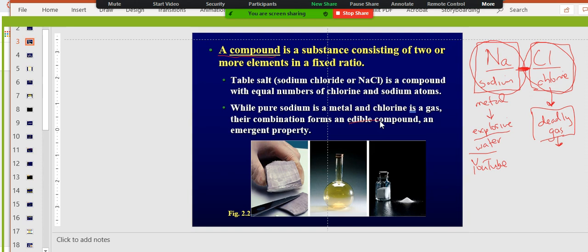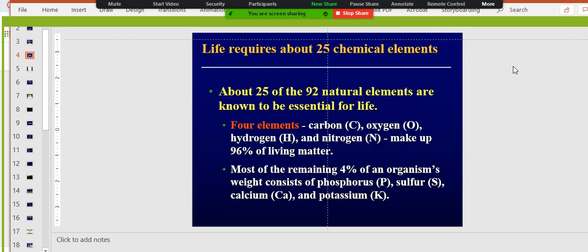So it's an edible compound, right? And that's because it has a different shape that gives it different chemical and physical properties. So I want you to keep that in mind.